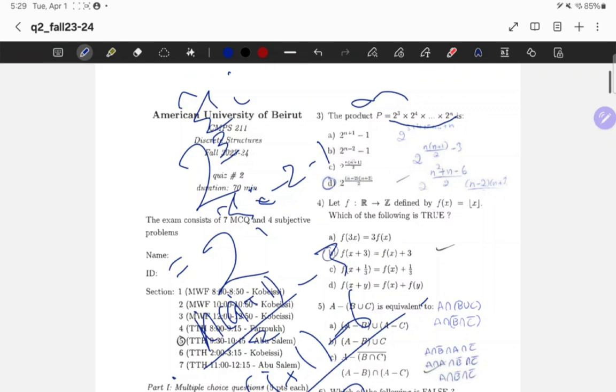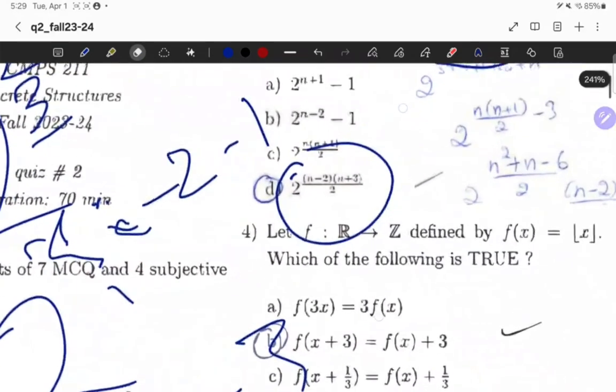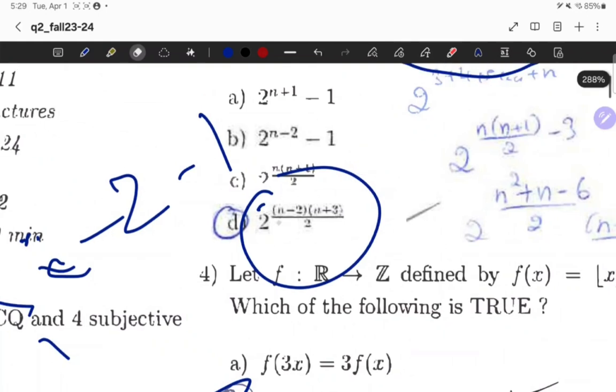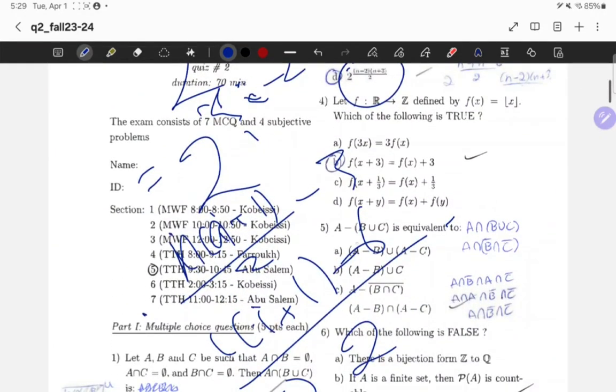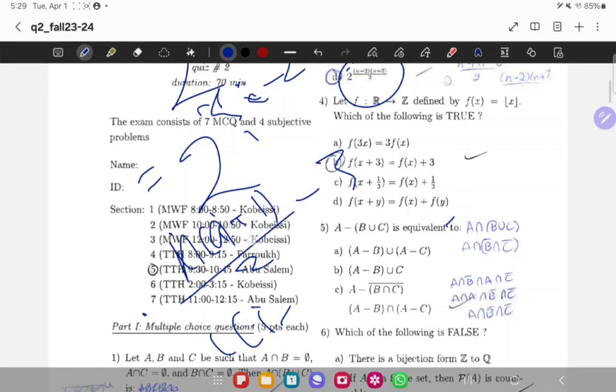You can see here, if we try to expand all of these, this is the only one that would work. It's pretty clear out of the other solutions, because n times n is n squared, and then we have 3n and also minus 2n, so that's 1n left, and then minus 6, right? Minus 2 times 3 is minus 6. Okay, so this one is also done now.